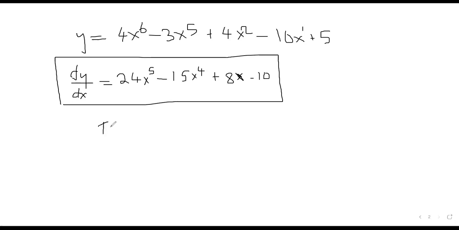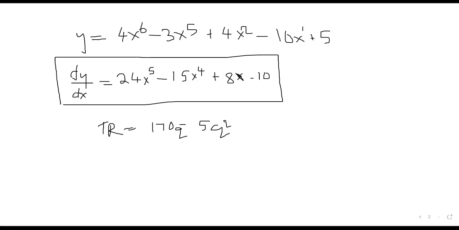Let's try another one. Total revenue, TR, is 170q minus 5q squared. Who wants to try to differentiate this? I can try. Okay, try.